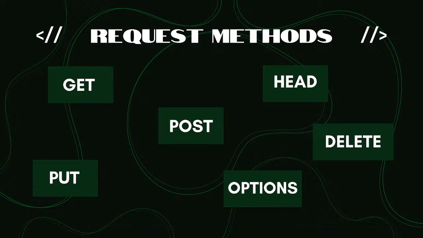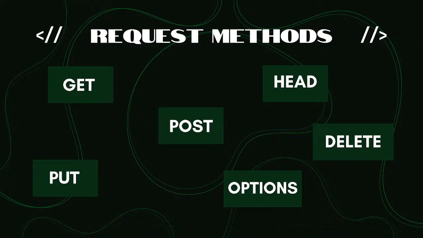So the get method is used to retrieve data from the web server. Next we have post, in which you send your sensitive data to the web server. Apart from that, we have head, which is basically the same as get but returns only the headers. Then we have delete, which removes data from the server.